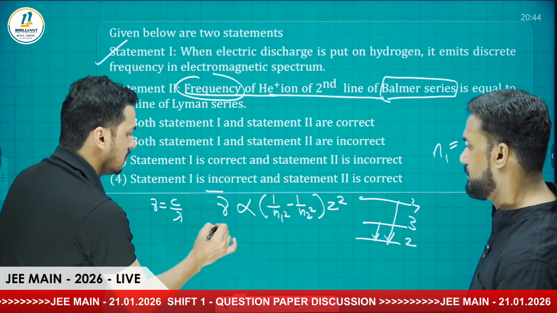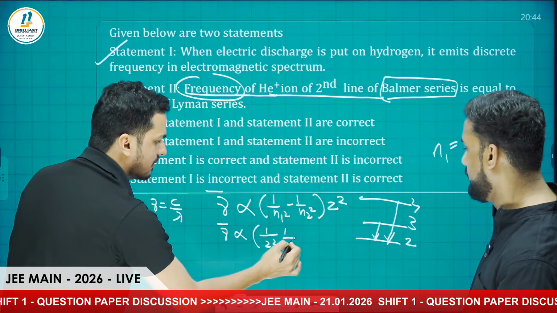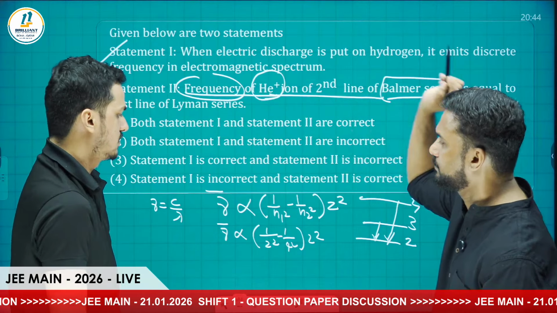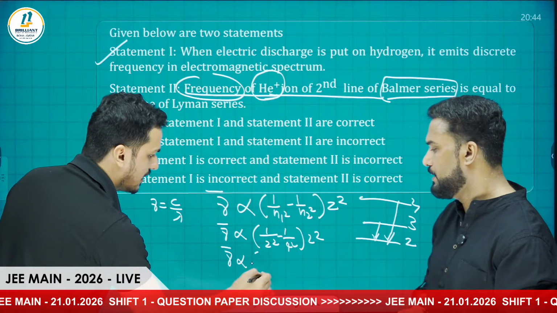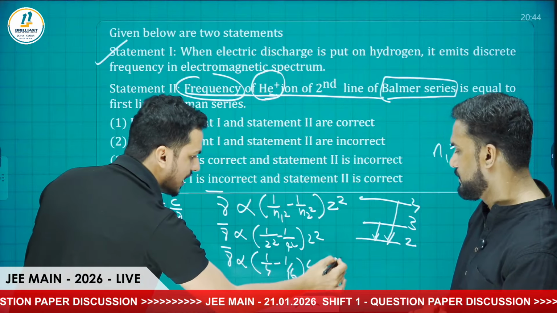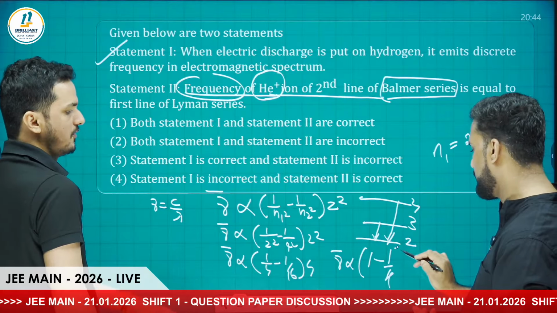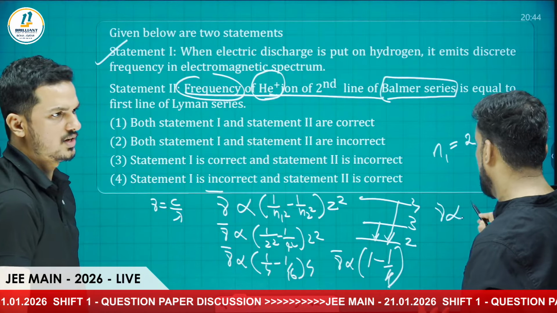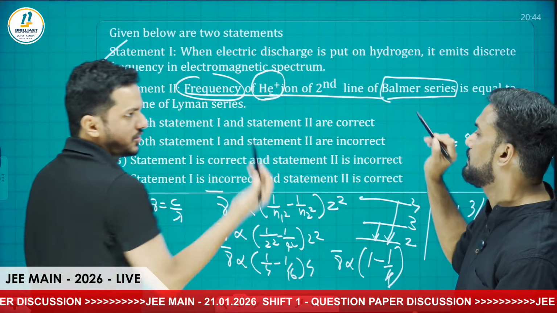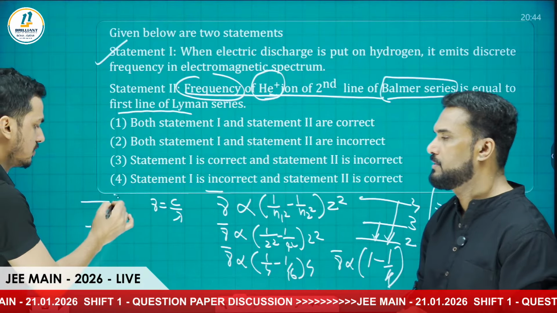So we can substitute: nu bar is proportional to 1 by 2 squared minus 1 by 4 squared, into 2 squared, because we are discussing helium. That is 1 by 4 minus 1 by 16, into 4, which is 1 minus 1 by 4, that means 3 by 4. So nu bar is proportional to 3 by 4. Now we have to check whether it is correct in the case of the Lyman series. Lyman first line means from 2 to 1.